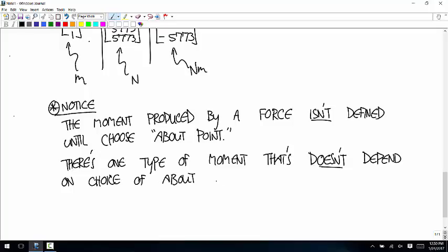No matter what about point you choose, you get the same answer for the moment. And that is the moment of a couple.